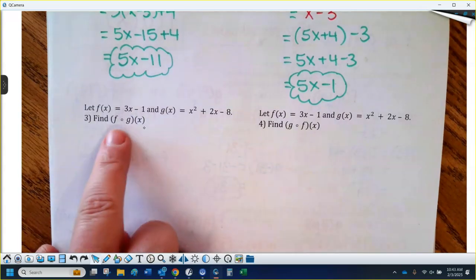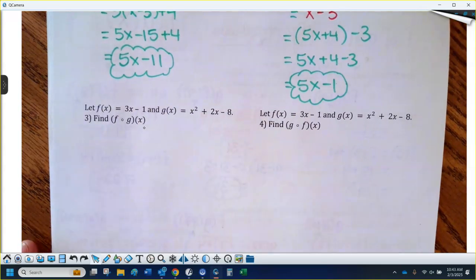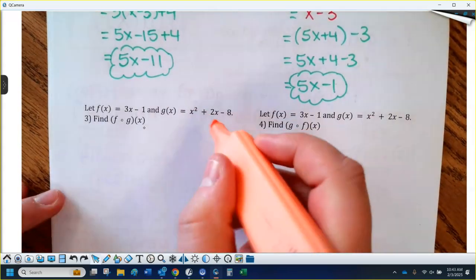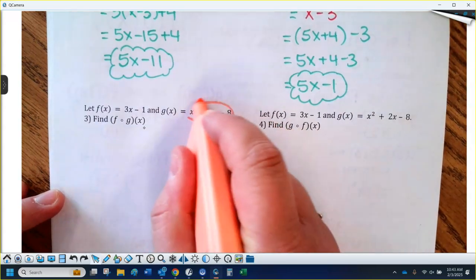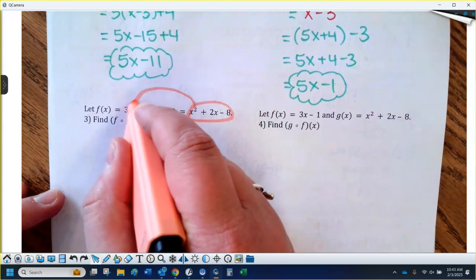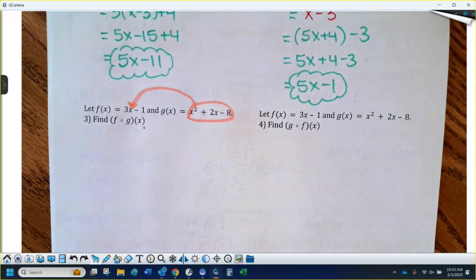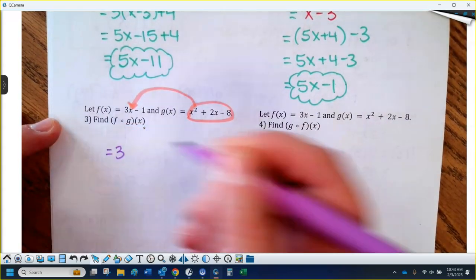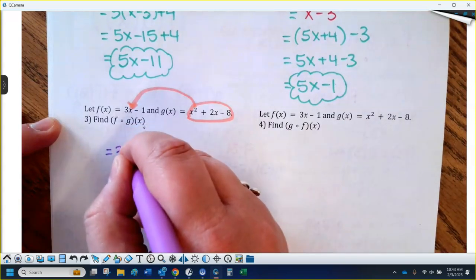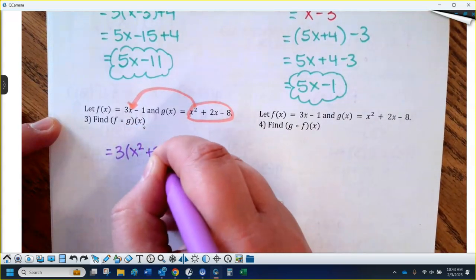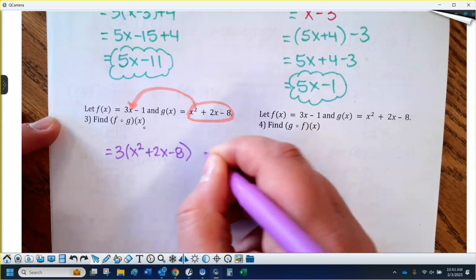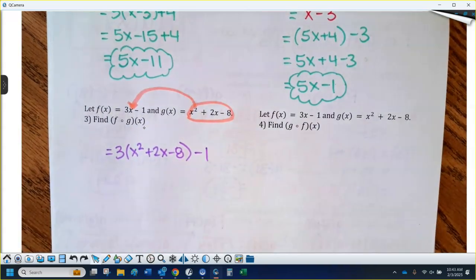All right, so this is f of g of x. In this case, the g of x goes first. So I'm going to plug this entire expression in place of the x. This one started out as 3x, but instead of x, I'm going to substitute x squared plus 2x minus 8, and then don't forget to write the rest of whatever the function was.